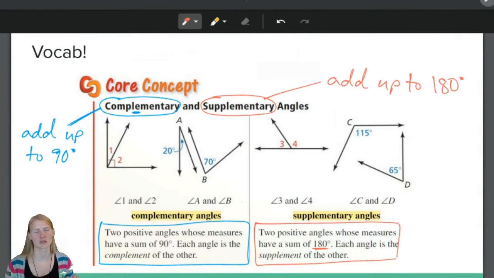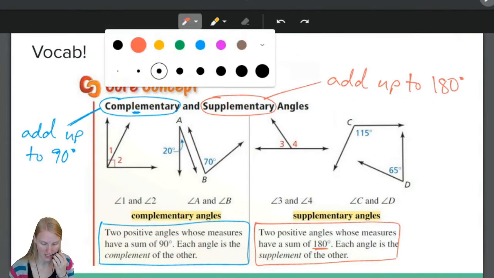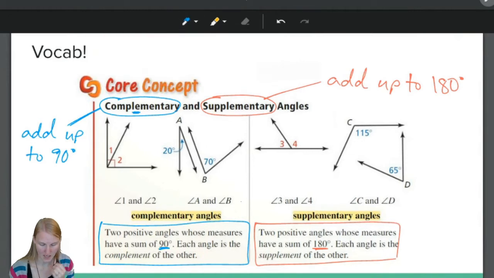Everything we've talked about so far, I've basically been saying this is important, we're going to use it for the rest of the year. But that's true. This is chapter 1. We are laying the foundation for everything we're going to talk about this year. So chapter 1, and even chapter 2, very important that you understand how angles work together, because we're going to keep talking about angles for the rest of geometry. So, supplementary, add up to 180. Complementary, add up to 90.